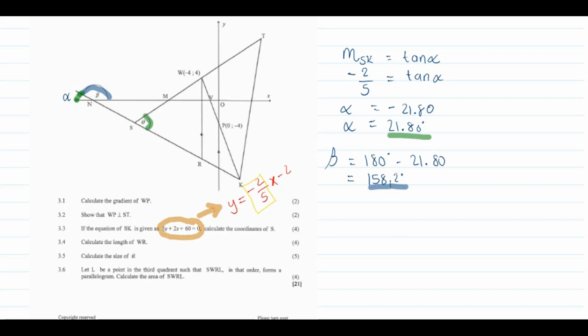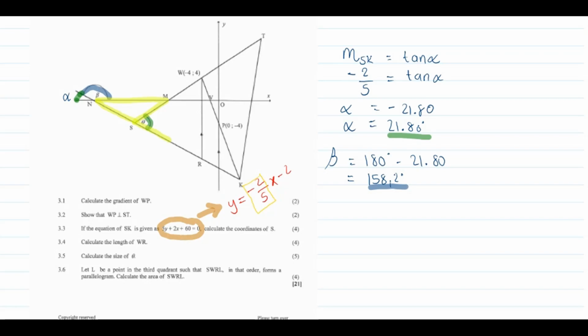So what do we notice about our angle theta? I'm basically going to highlight this triangle. Our angle theta is an exterior angle for our triangle SNM. So if we can get the opposite interior angles, then we will be able to get the exterior angle.